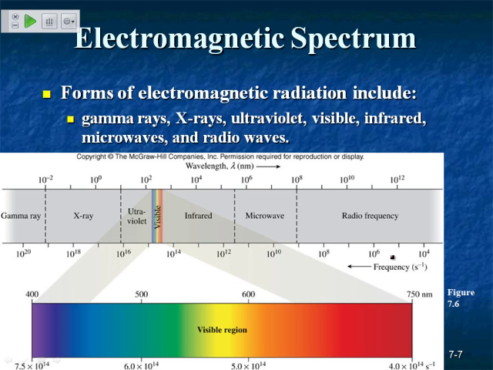Note that on the top scale, wavelength is increasing in this way, meaning gamma rays have the lowest wavelength and radio frequency has the highest wavelength. Whereas if you look at the frequency units, frequency is increasing from this end, the radio frequency end, to the gamma rays. So what do we say?